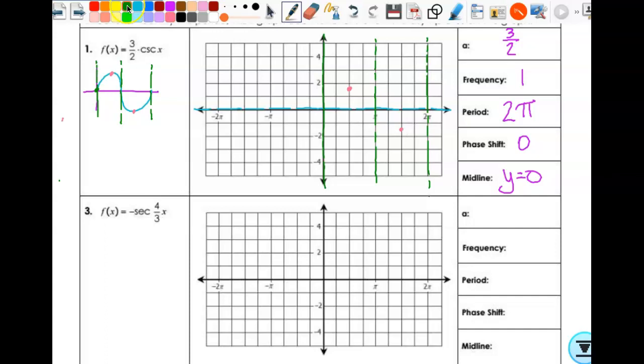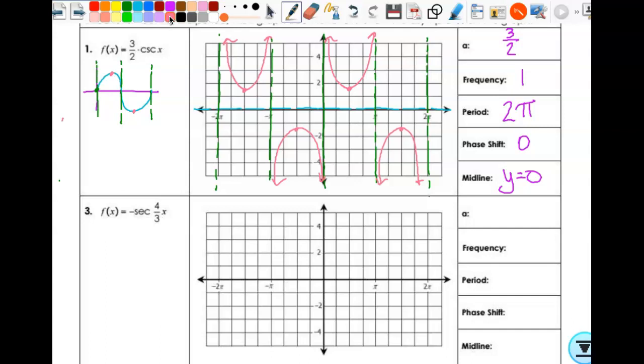I'd also have an asymptote at negative pi and negative 2 pi and points here and here. Okay. And there is your cosecant graph. Any questions? All right, good. If you can do the rest, you can do these. You just got to think you're doing the opposite when you're plotting.